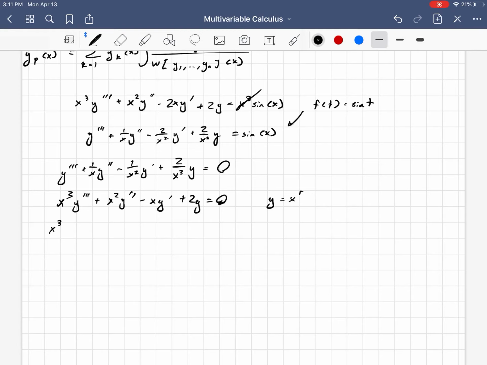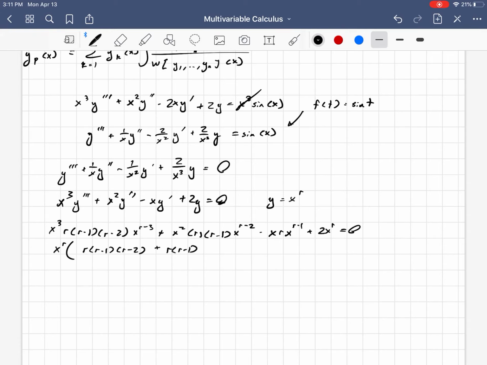Okay, here we go. The solution is going to be in the form y equals x to the r. So x cubed, I'm deriving the characteristic equation. We have x cubed r(r minus 1)(r minus 2) times x to the r minus 3, plus x squared r(r minus 1) x to the r minus 2, minus x to the r minus 1, plus 2x to the r equals 0.